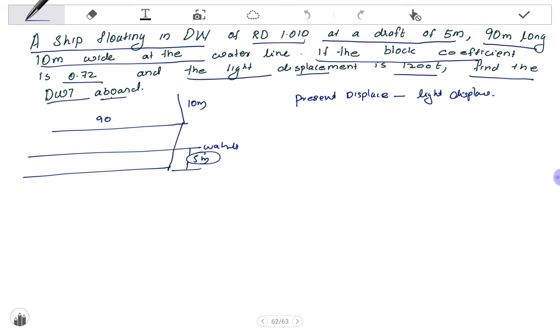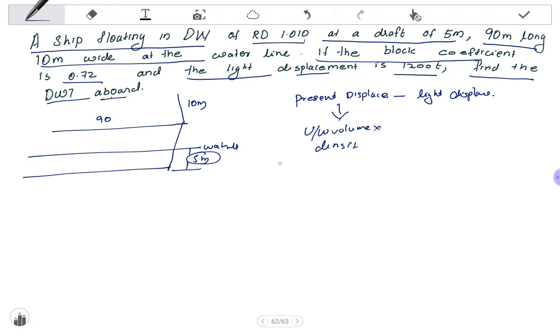So what all things we are given, we will try to solve with that. Present displacement is equal to the underwater volume of the vessel into density, correct? And the density right now is this much.